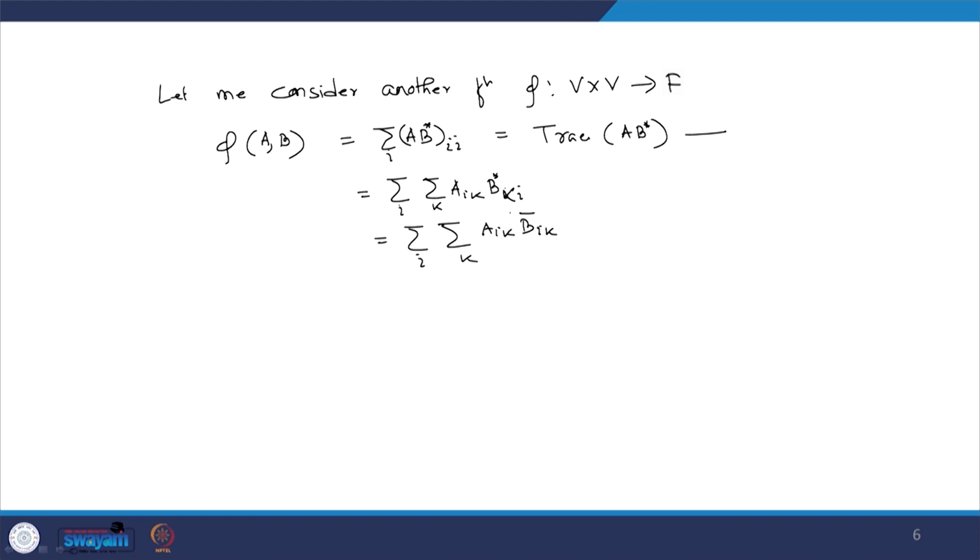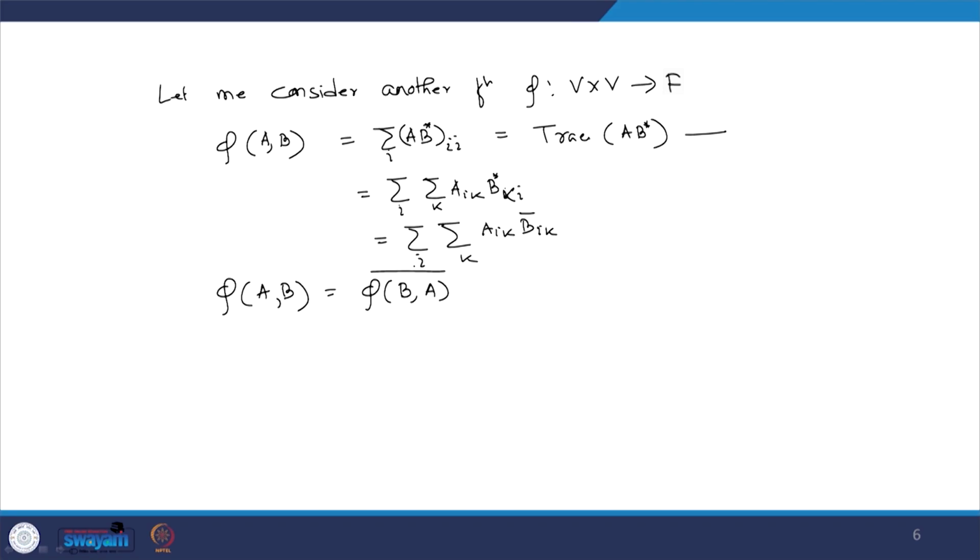So, this implies that phi of A comma A will also be a positive definite quantity if A is not equal to 0, and you will also see that it satisfies the linear property, it also satisfies the second axiom, and it also satisfies the third axiom that phi of AB equals the bar of phi of BA. One can check phi of AB equals phi of BA bar.